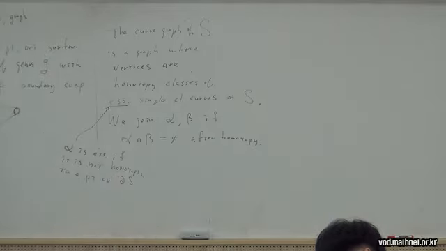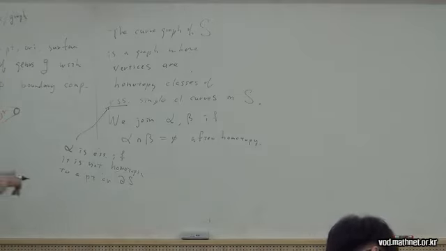For example, in this picture, if you have this alpha, it is not essential because you can homotope it into a boundary. And if you have this alpha, since it's bounding a disk here, it's not essential. But you can draw some essential curves like this one. This is essential, and this is also essential.